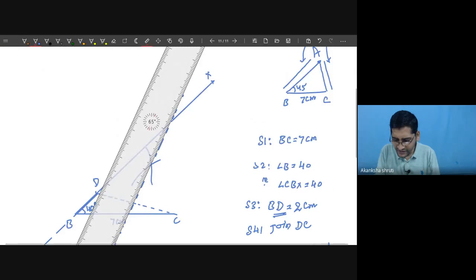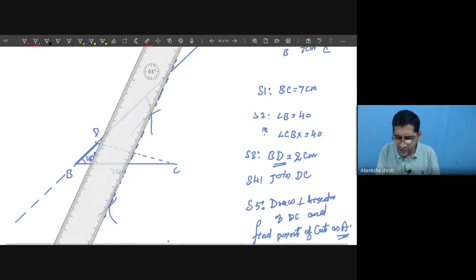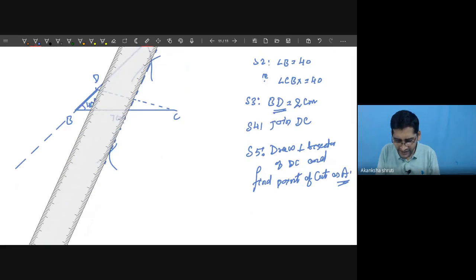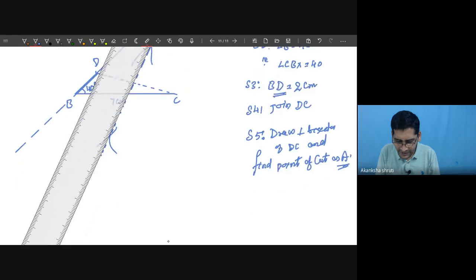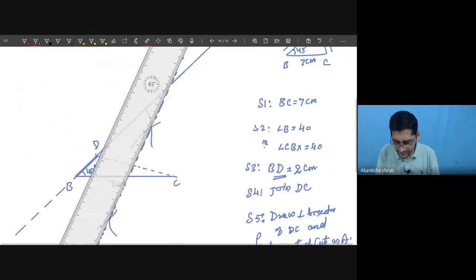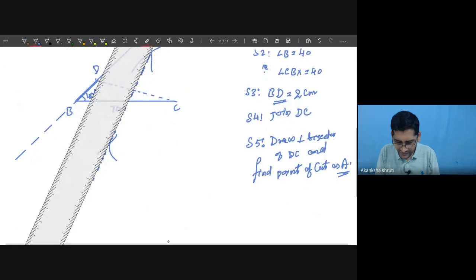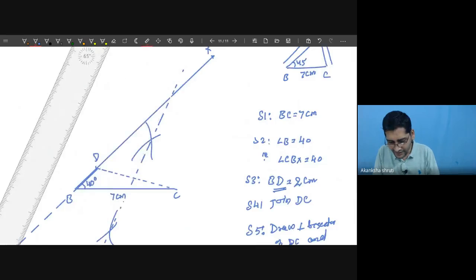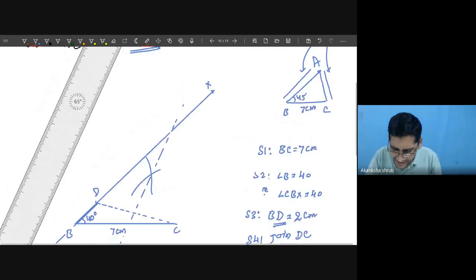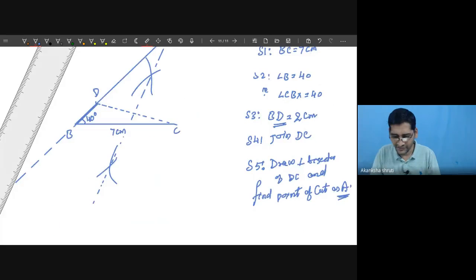Students, one more thing you have to keep in mind. Why have I projected BX backward? Because sometimes it is possible that this perpendicular bisector may cut on the back side. So wherever it is cutting, that point will be your point A. This is the same thing we have written.